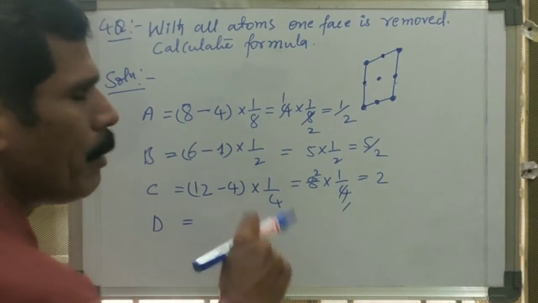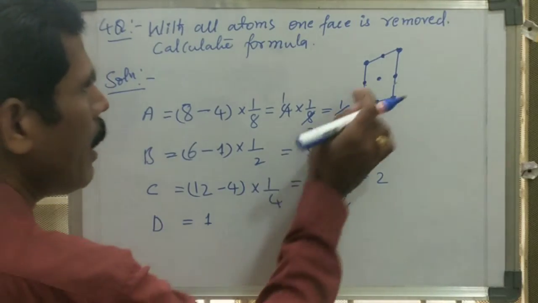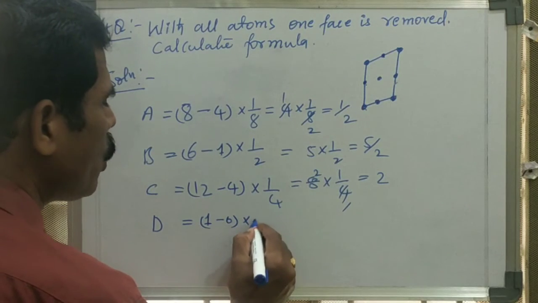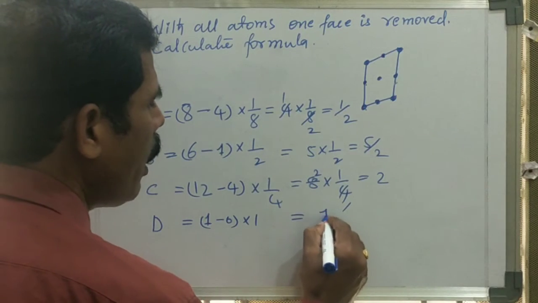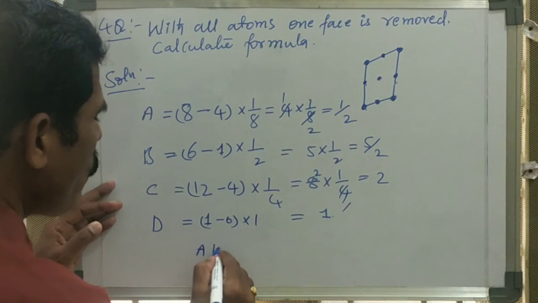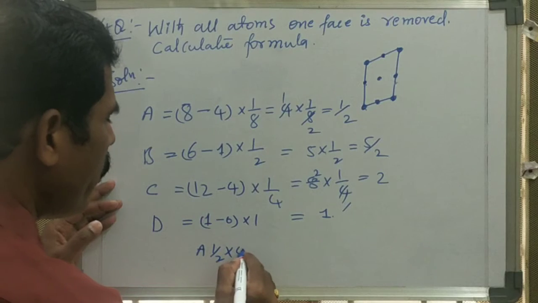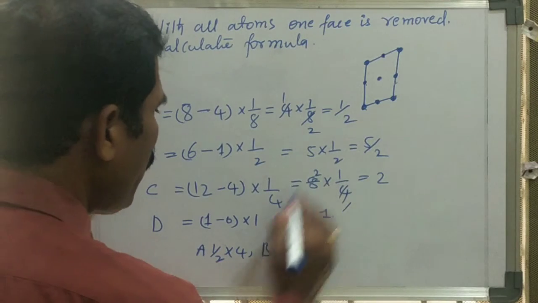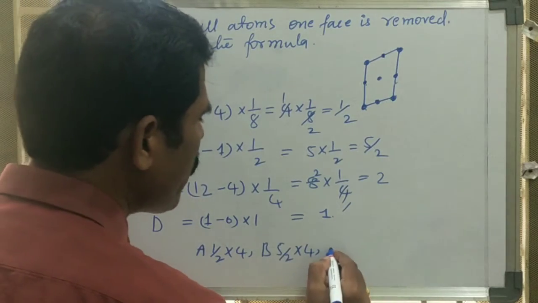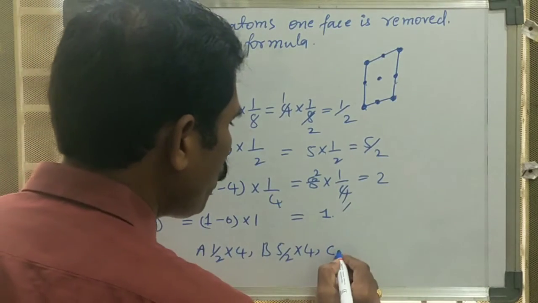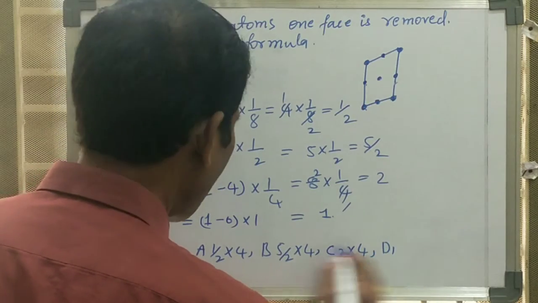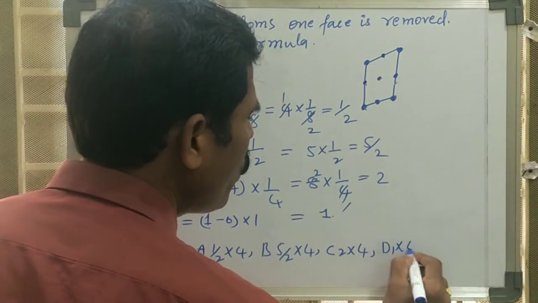Right, go for D. Totally how many body centers are there? 1, and the body center is not removed. So this is 0 and its contribution is 1. Finally you will get 1. Then go for A: 1 by 2 multiplied with 4; B: 5 by 2 multiplied with 4; C: 2 multiplied with 4; D: 1 multiplied with 4.